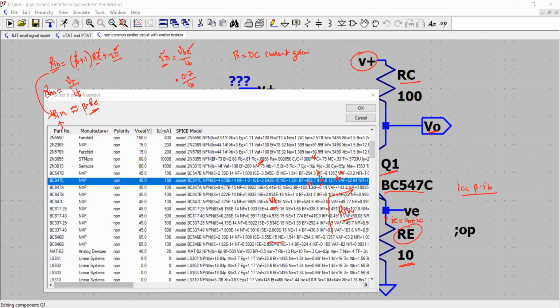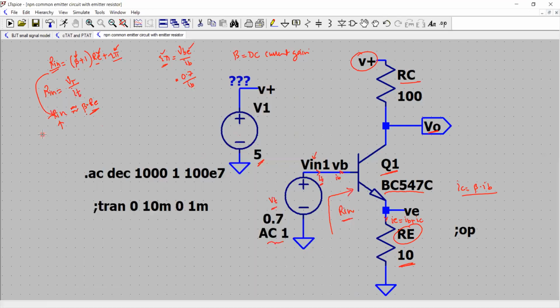So 458 multiplied by the value of RE, that is 10, would be about 4580 ohm, which will be my input resistance if I calculate that, right?